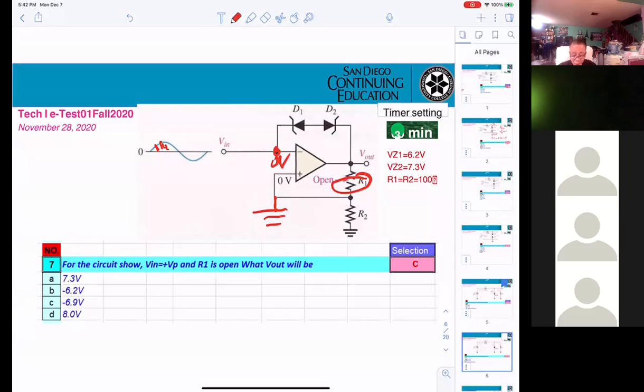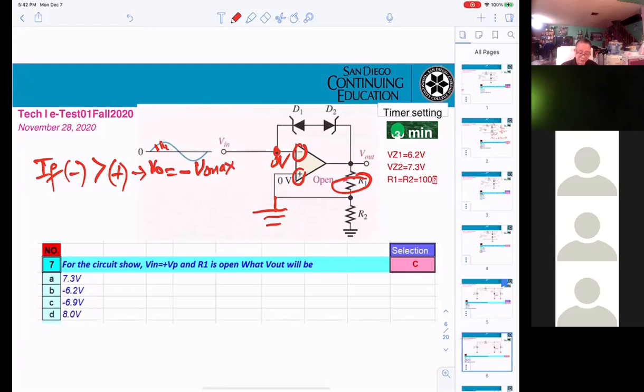Now, when you work with the comparator, basically they compare the negative to the positive to see which one is higher. So if negative is higher than positive, what happens? It goes into negative saturation. Minus V maximum, right?